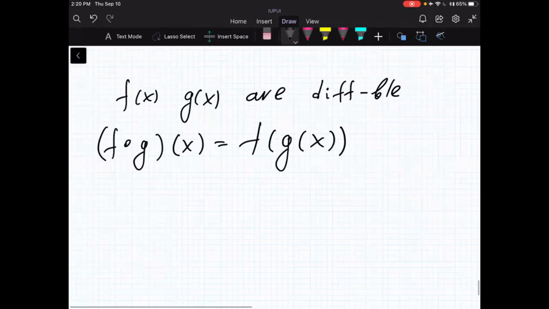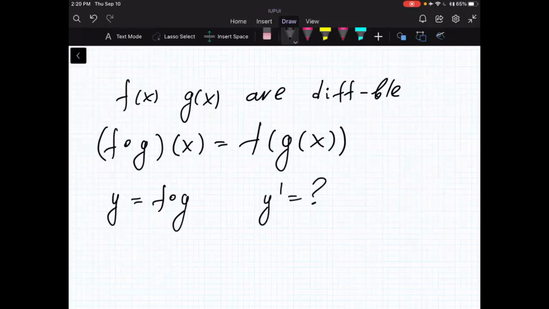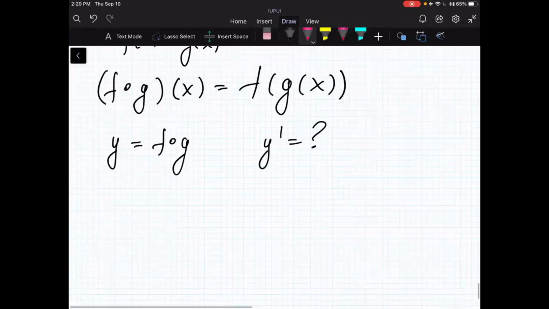And the question is, what if y is equal to a composition of two functions, what is the derivative of that?